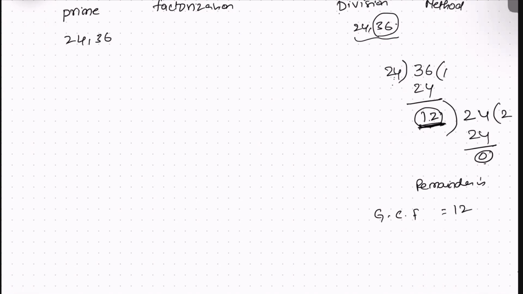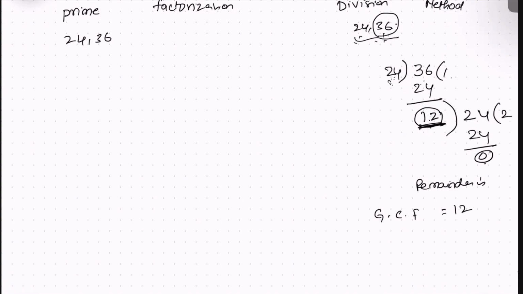This is the method. I will just give the steps once again. Given any set of numbers, say two numbers, the largest number becomes the dividend, and 24 becomes the divisor. Using 24, you divide 36. 24 goes one time, and the remainder is 12.